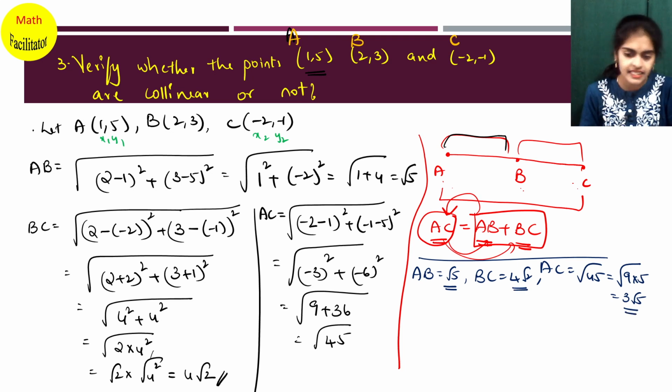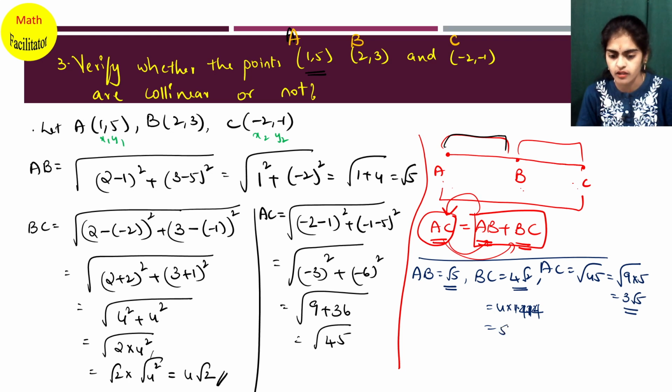So I can very clearly see the bigger values. Which one is bigger? Is 4 root 2 bigger or 3 root 5 bigger? 4 root 2 is nothing but 4 into 1.414, root 2 being 1.414. If you multiply, how much do you get? 4 into 1.414 will be around 5.656.